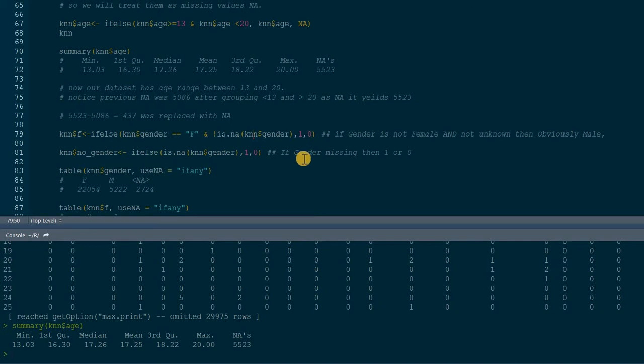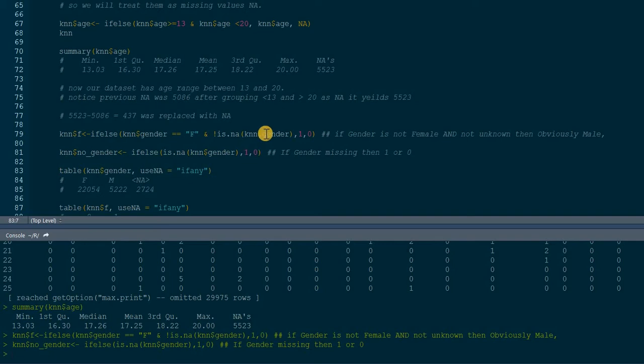So what we're trying to do is, if gender is not female and not unknown, then obviously it's a male. So if you think about logical expression, if anyone is not female and not unknown category, which is NA, so that's obviously a male. So how do you do that?